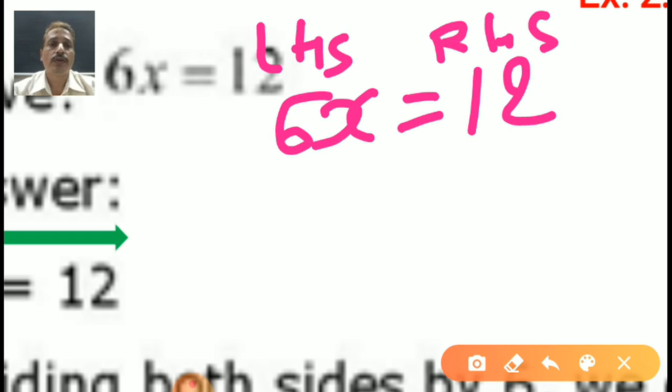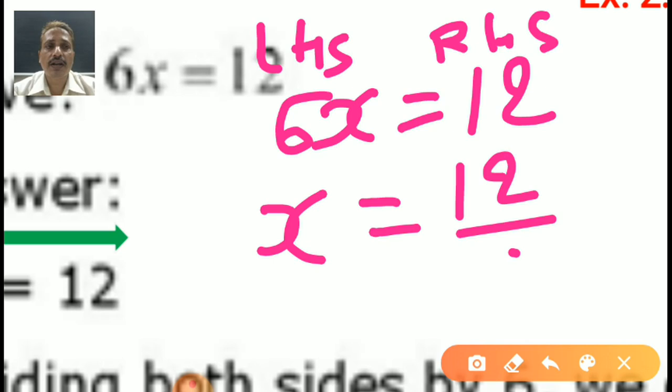What you have to do? Yes, we have to keep the variable on the left side. 6 is in multiplication. So when it is transposed to the right side, it goes to division. Yes, it goes to the denominator side.